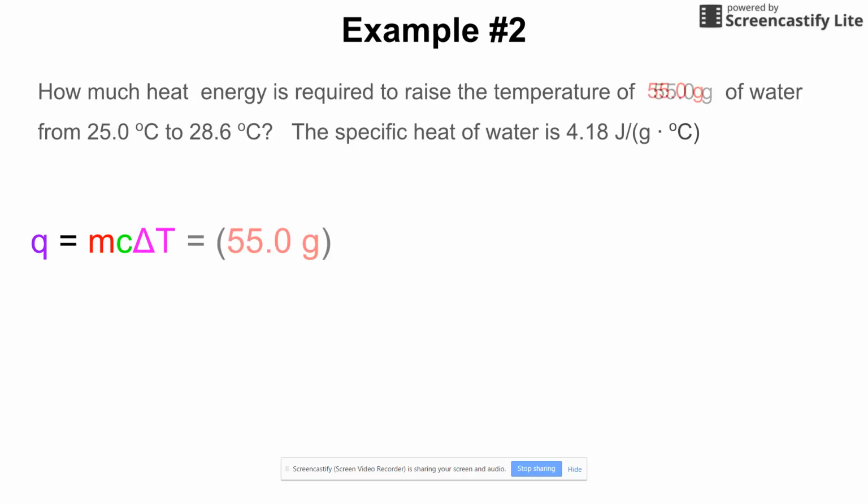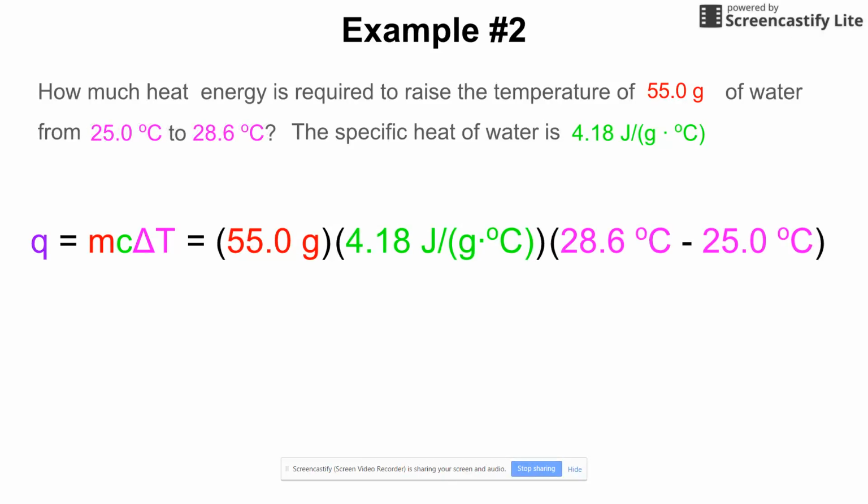Mass is 55 grams, and C is 4.18 joules per gram times Celsius. Delta T is 28.6 minus 25 degrees Celsius. Make sure your units cancel. You have grams on the top and grams on the bottom, so those cancel.